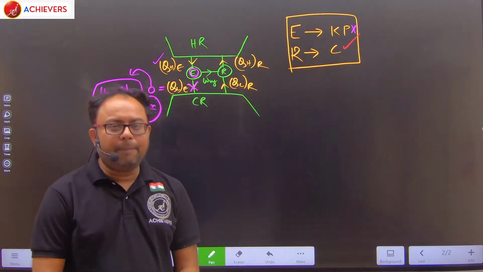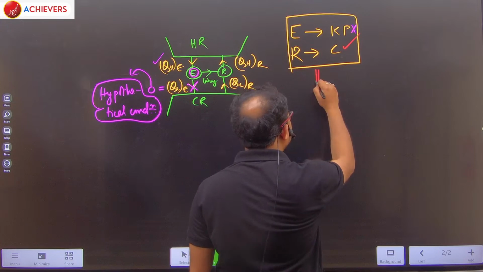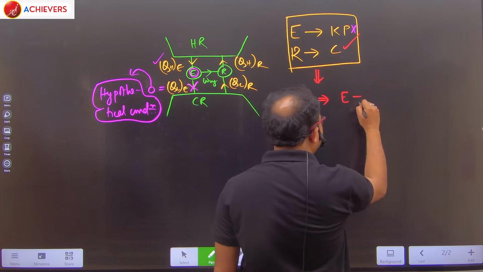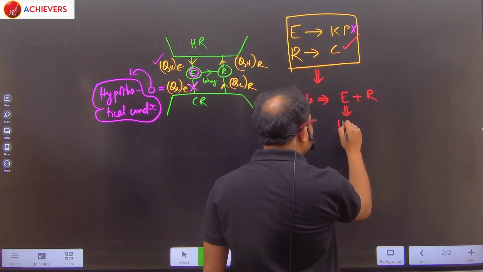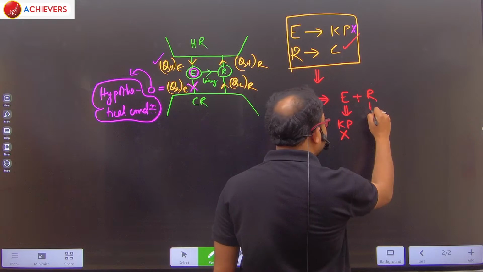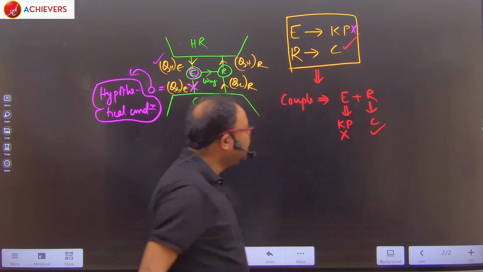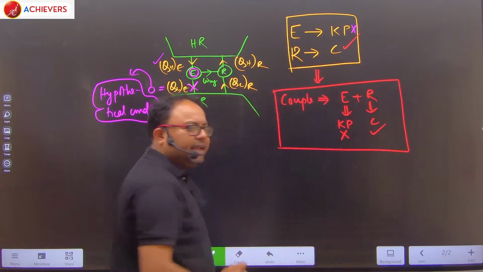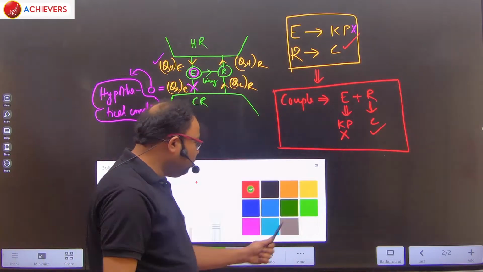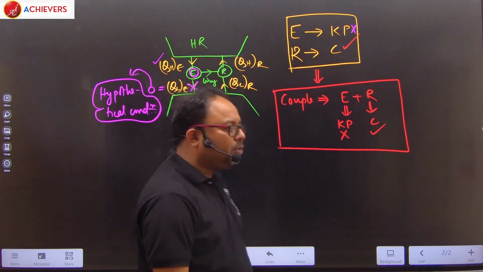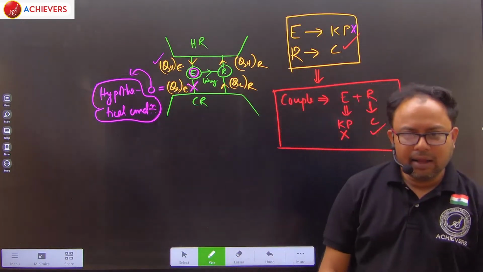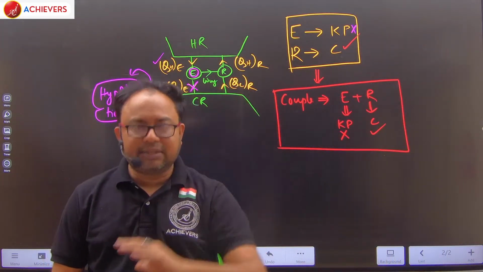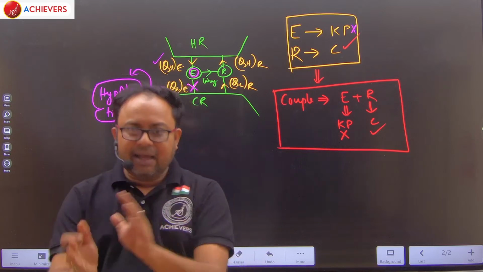So in this couple, E plus R, E is violating the Kelvin Planck statement, but R is following the Clausius statement. So we find that the given couple comprises two thermodynamic entities, E and R. On E, we are applying a hypothetical situation.